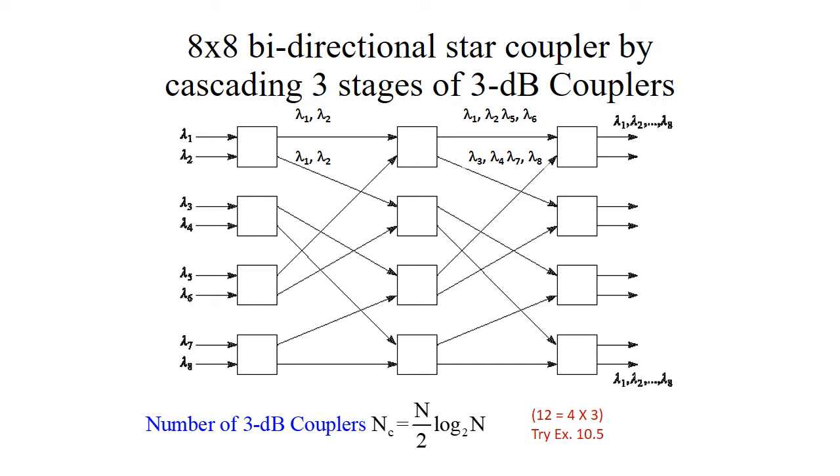So M is equal to log base 2 of N. At last, the number of 4 port 3 decibel couplers needed to construct the N cross N star coupler is Nc is equal to N by 2 log base 2 of N. Here we have taken one example, that is 12, that is equal to 4 into 3. So we will get the equations. This is for the N cross N multiplexer.